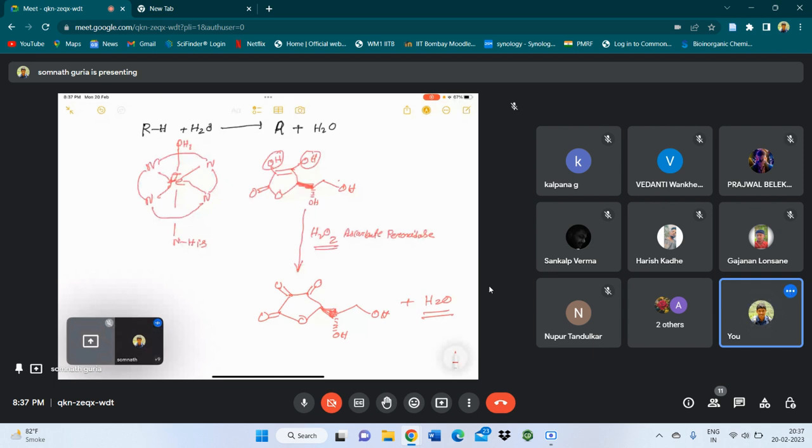In the mechanism part, here also it goes through the same unstable iron(IV) oxo species. So taking the iron as iron 3, and this is also similar.